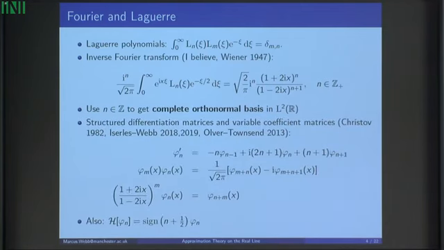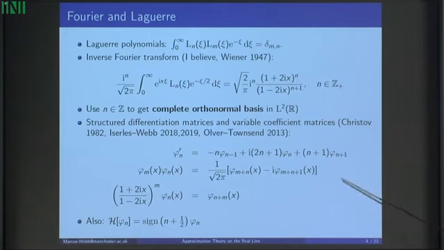And the remarkable properties just keep going. They have highly structured differentiation matrices, which is where Arieh Iserles and I first rediscovered this basis. And these properties, I believe, were discovered by Christov in 1982. So they have an extremely sparse and skew-Hermitian differentiation relationship.